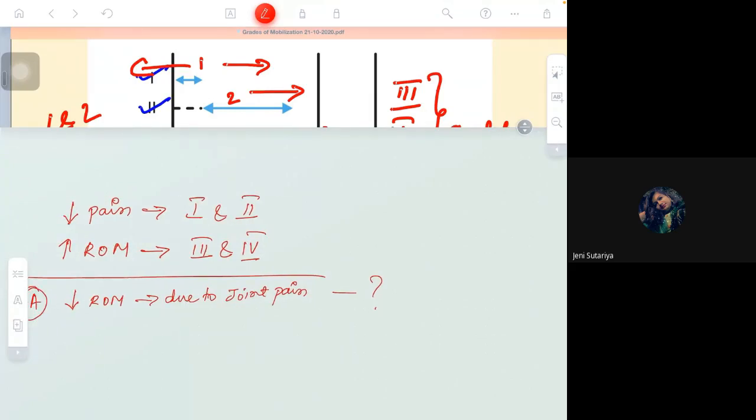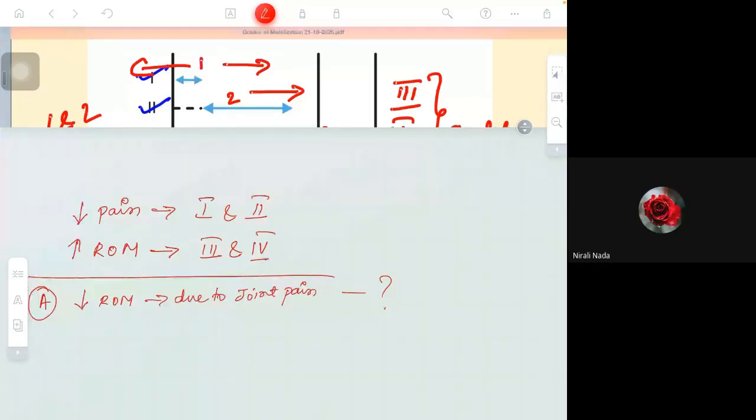Answer my question. 1 and 2. If a patient is coming with reduced range of motion due to capsule tightness, what grade will you give? 3 and 4.